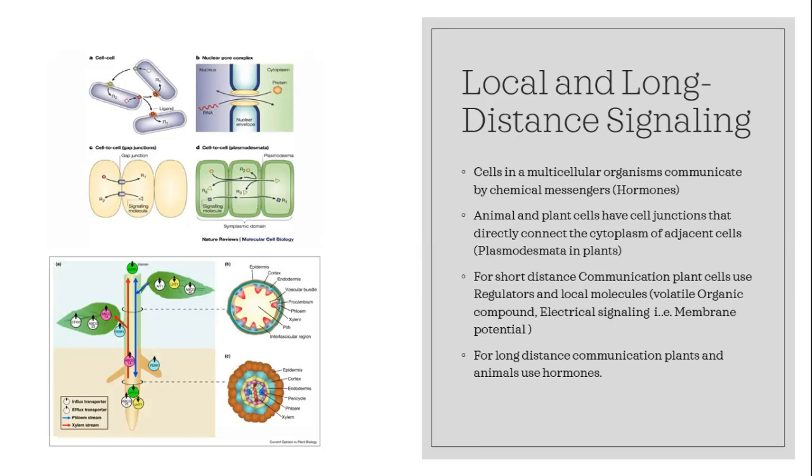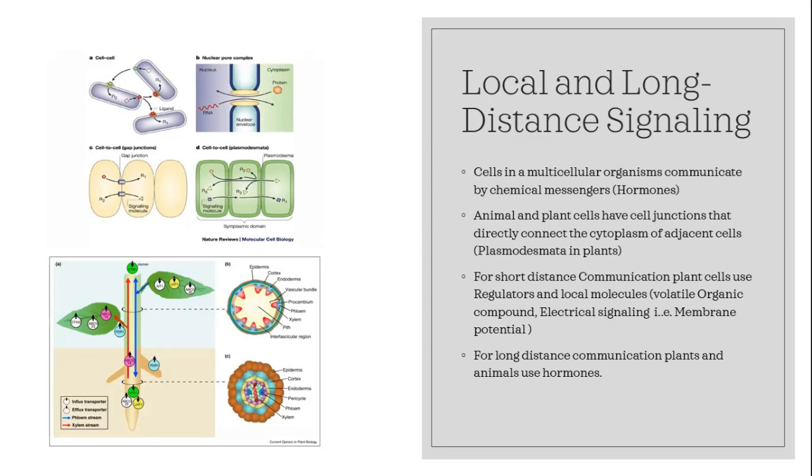Here in plants, the transport takes place through the xylem and phloem, and you will notice that xylem and phloem play an important role in transporting the signaling molecules. This is long distance transport for plants, from one organ to another.